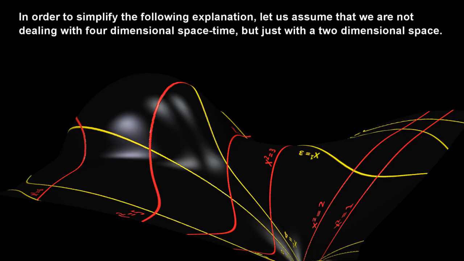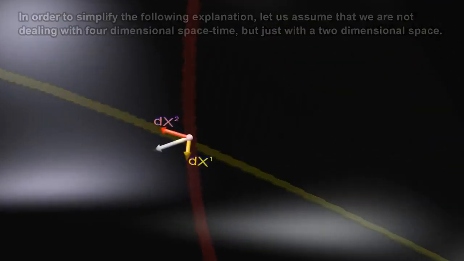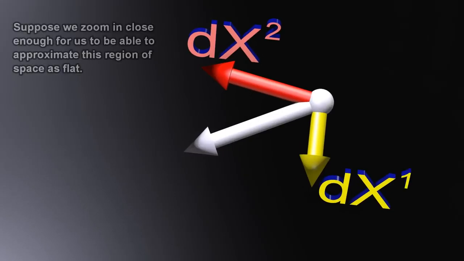In order to simplify the following explanation, let us assume that we are not dealing with four-dimensional space-time, but just with a two-dimensional space. Suppose we zoom in close enough for us to be able to approximate this region of space as flat.